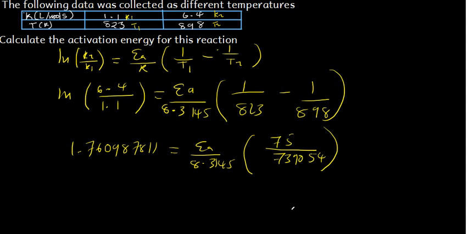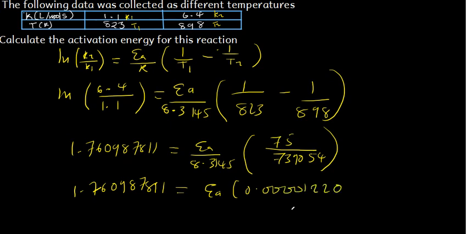And so at this point what we can do is multiply this one in the denominator by this one in the denominator. The answer that we are going to get, we are going to divide it into 75. So what we'll get is 1.7609878811 being equal to activation energy times 0.000012205.